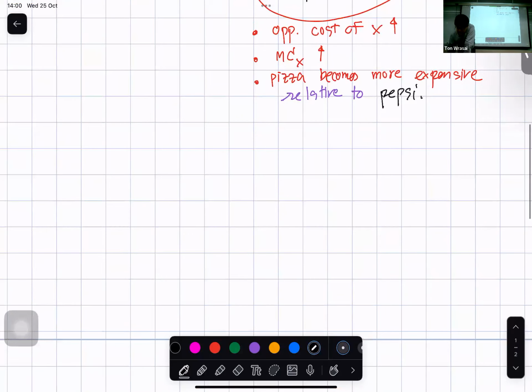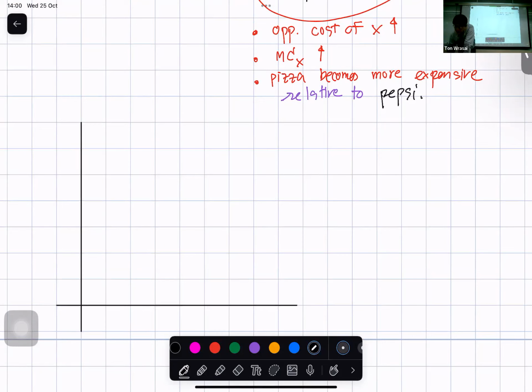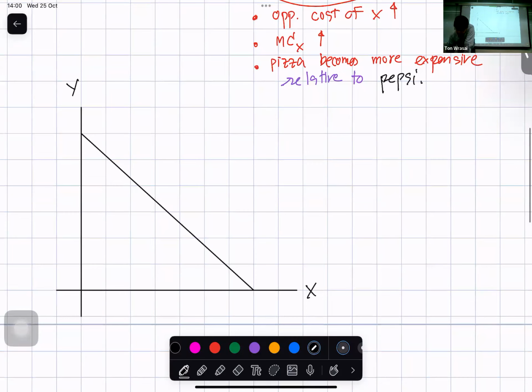Illustration comes. Draw a picture that describes what this guy is facing now. We introduce the original budget line.